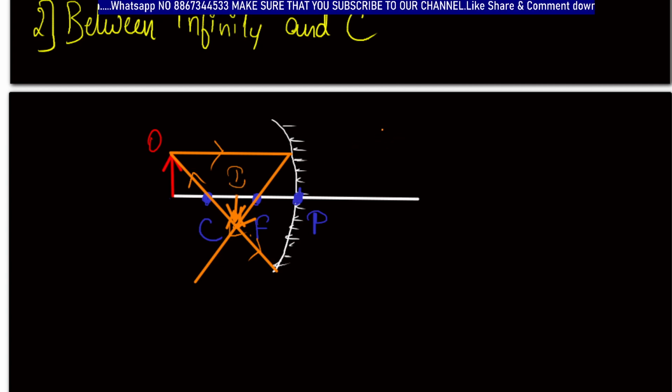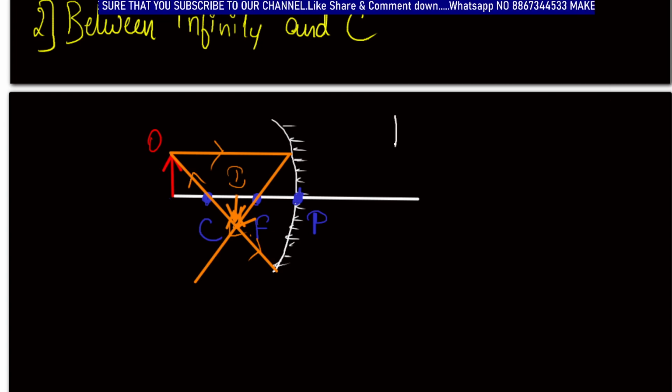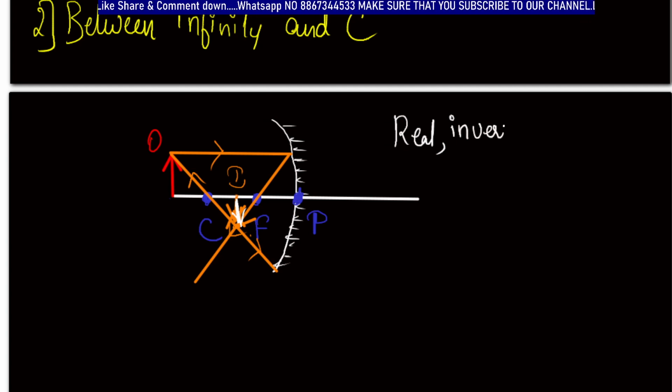So what we know here is the image formed is real. It is inverted, it is in this direction, and it is diminished. We can see the size. Here the object is of this size and the image is of this size.